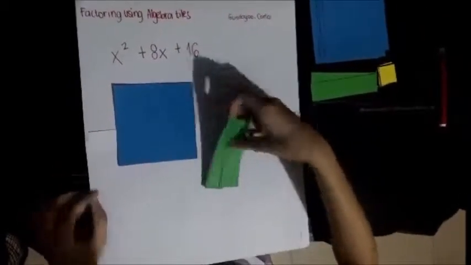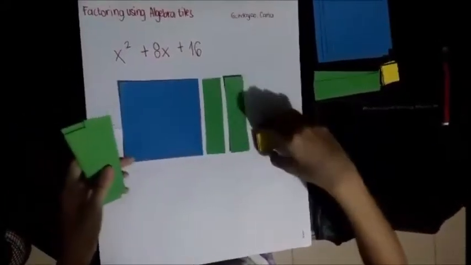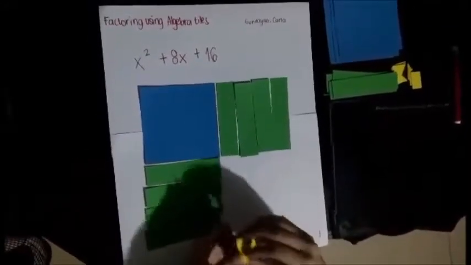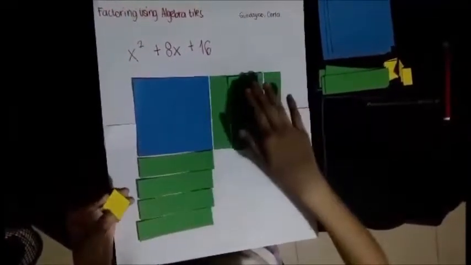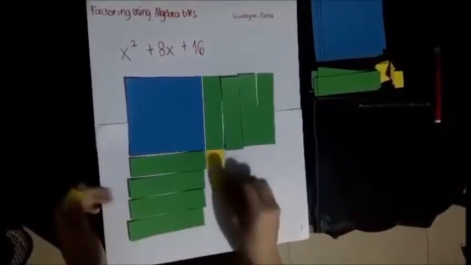And now, we're going to arrange it. Now we're going to put the yellow tiles here, because if we put it here or here, there's going to be an excess, and we can't have excess. We're going to put it here.